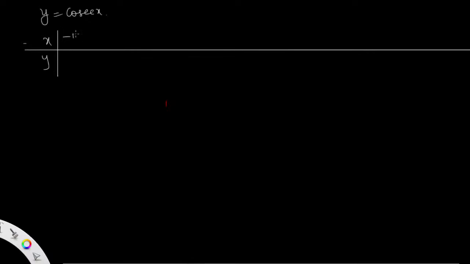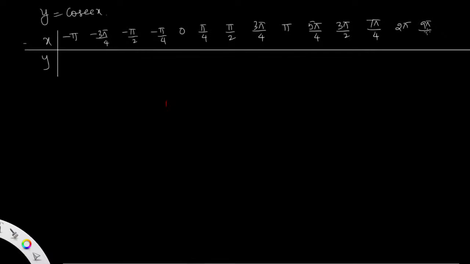In the interval I am taking minus 3 pi by 4, minus pi by 2, minus pi by 4, then 0, pi by 4, pi by 2, 3 pi by 4, pi, 5 pi by 4, 3 pi by 2, 7 pi by 4, 2 pi, 9 pi by 4, and lastly 5 pi by 2.